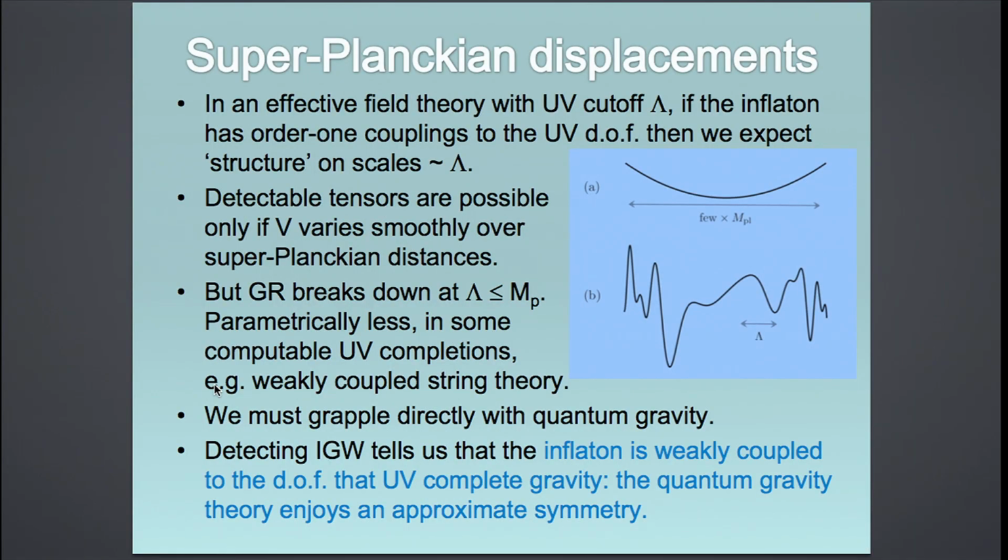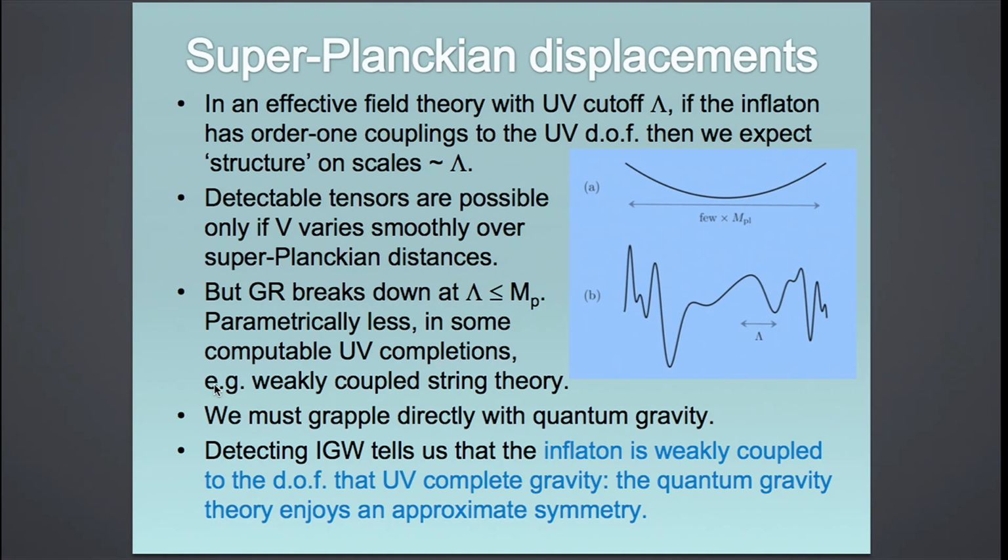But it's not what a detection of inflationary gravitational waves would tell us, right? If you see primordial gravitational waves, then you know that the potential varies smoothly over super-Planckian distances. You don't know that it's a simple monomial, but you know that slow roll is unbroken over a super-Planckian displacement.